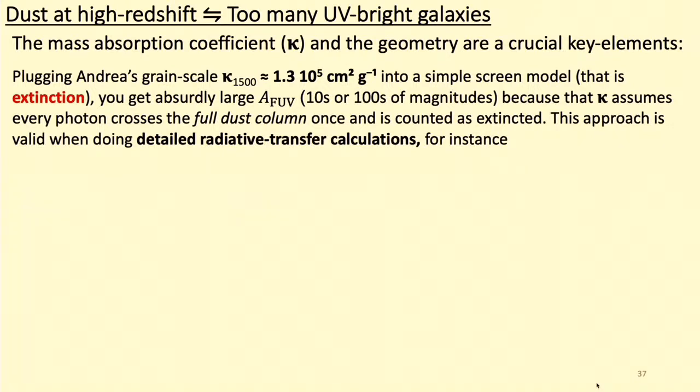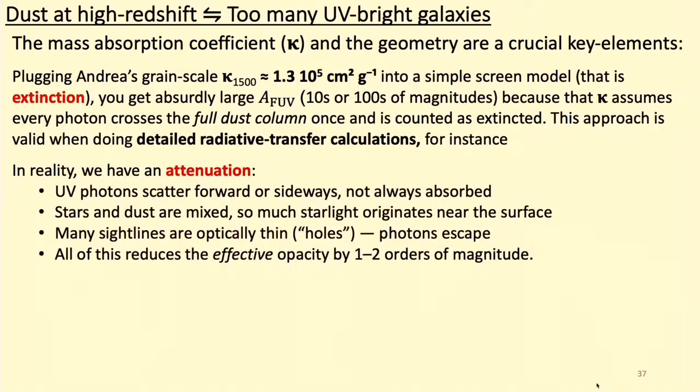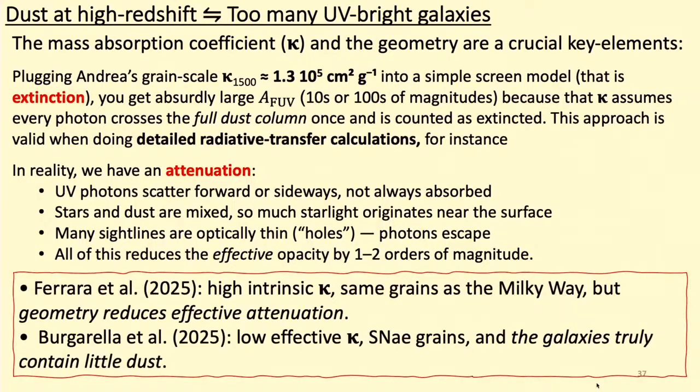And that's an important point. But this value comes from extinction along the line of sight. And when you compare to observed data, you don't have extinction, you have attenuation. You have scattering, you have mixing of stars and dust, you observe different sight lines, and the opacity, the kappa, can be very different. And so these two explanations are really different, as we saw.